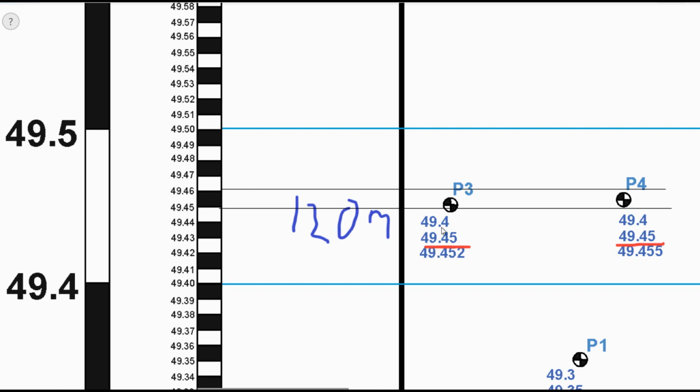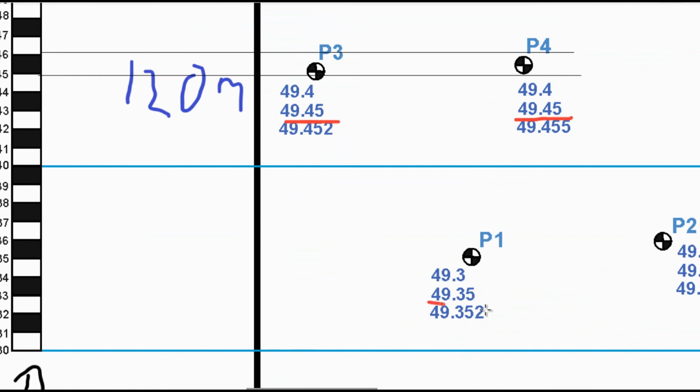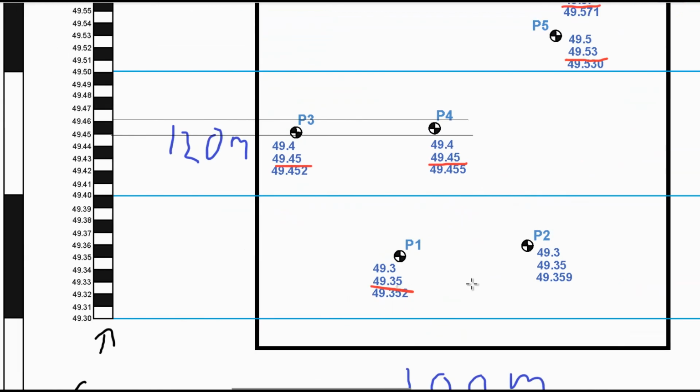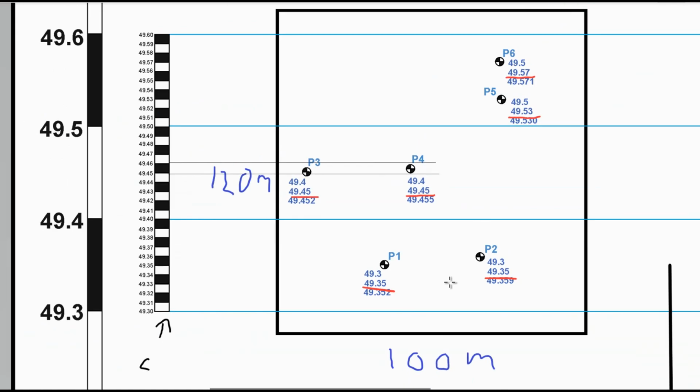That's the reason, because we have the same value, and the same happens for these two wells, 49.35, 49.35. Now let's see what happens when we have a centimetric accuracy for the measurements.